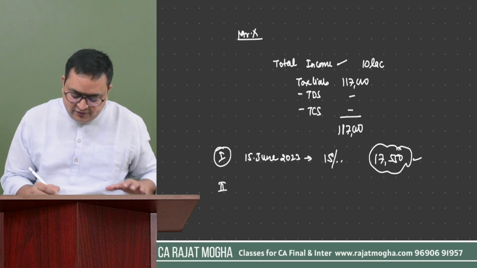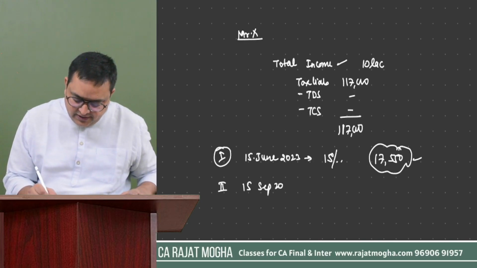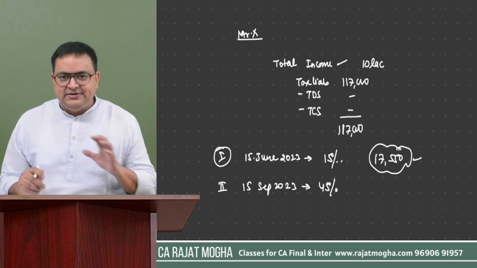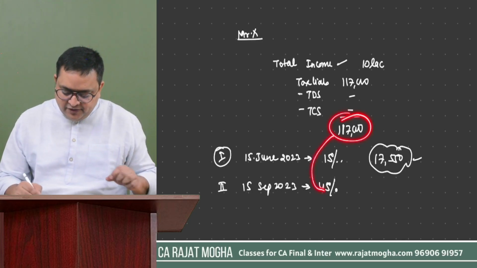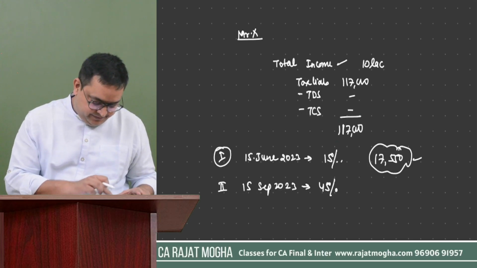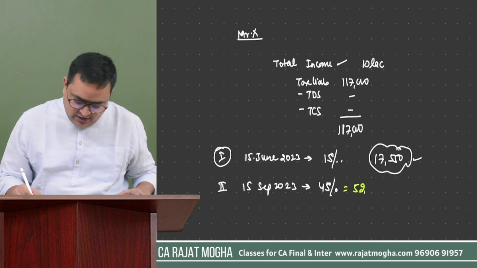In the second installment also, on 15th of September 2023, this person knows that I have to deposit up to 45%. So calculate 1,17,000 into 45%. That comes to 52,650.